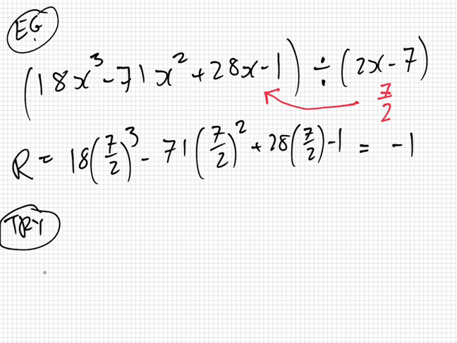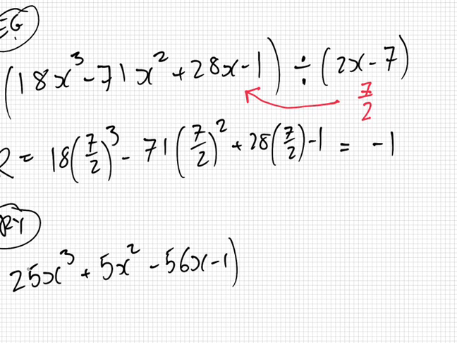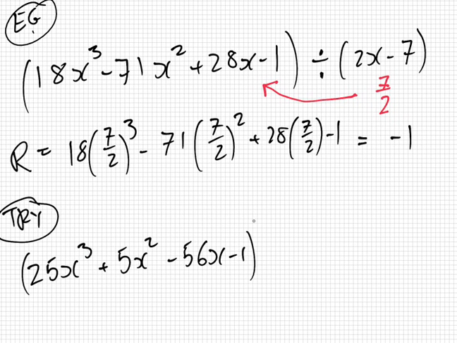Okay. I'd like people to try the next one for me. 25x cubed plus 5x squared minus 56x minus 1 divided by 5x minus 7. Try that for me. I want to know what the remainder is.